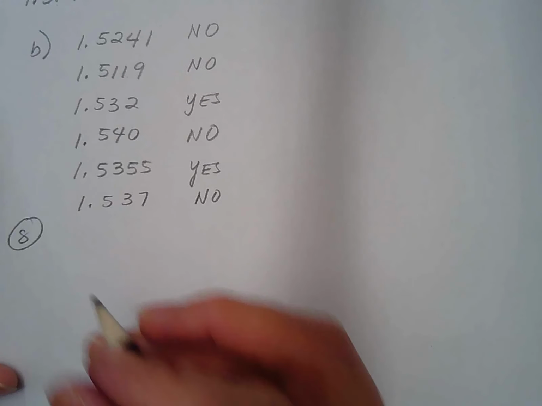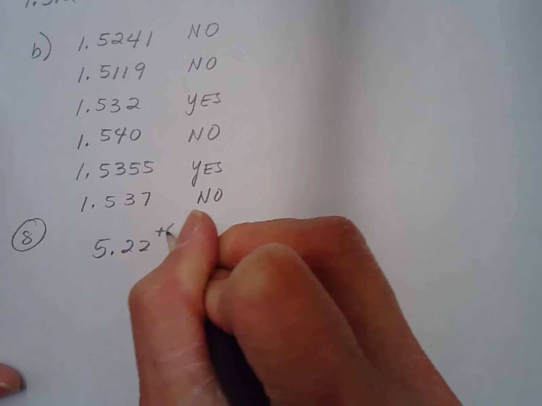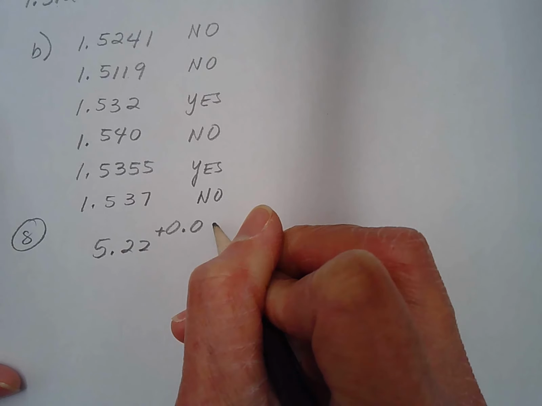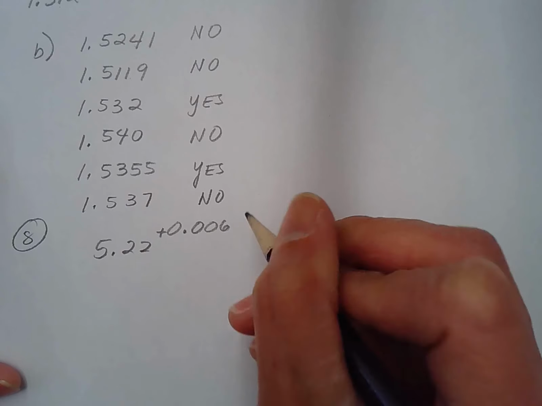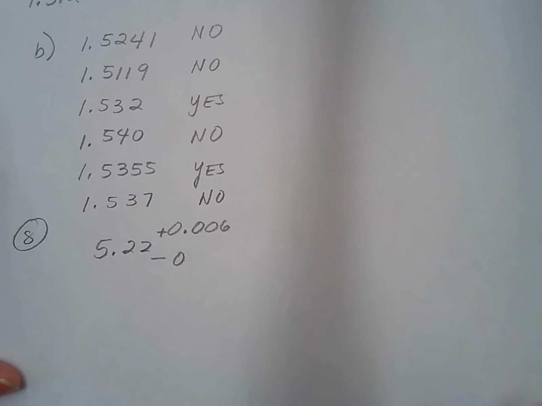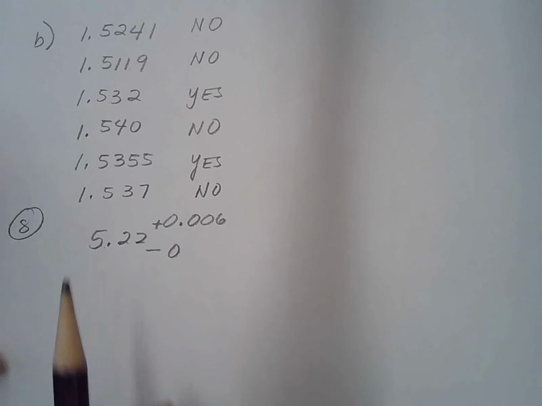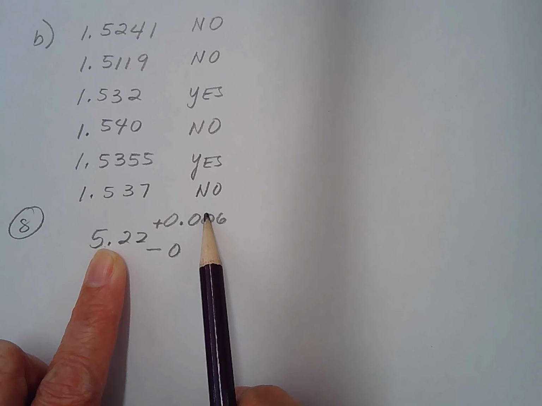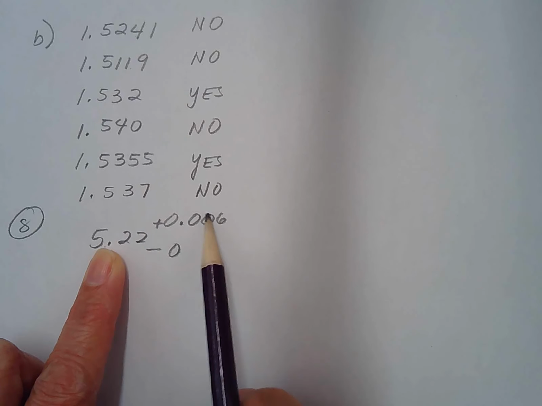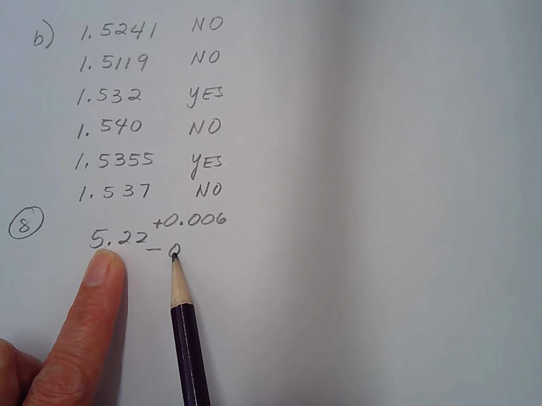Okay, I'm going to explain that for a second. So 5.22 plus 0.006 minus 0. So this means that it's okay to be a little bit over, but it's not okay to be less.